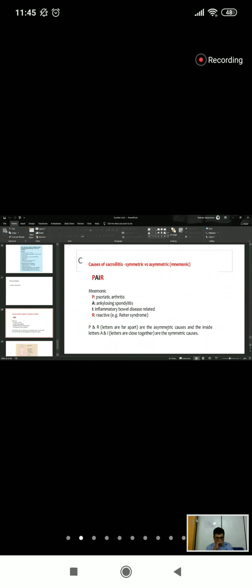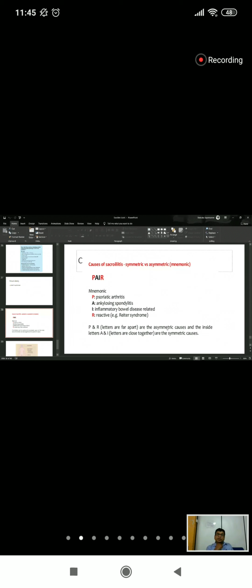So the causes of sacroiliitis can be remembered from this mnemonic, P-A-I-R: P is psoriatic arthritis, A is ankylosing spondylitis, I is inflammatory bowel disease, R is reactive arthritis, like Reiter's syndrome.